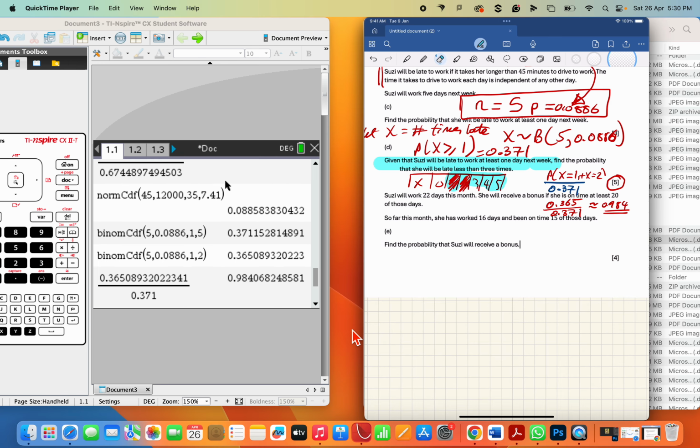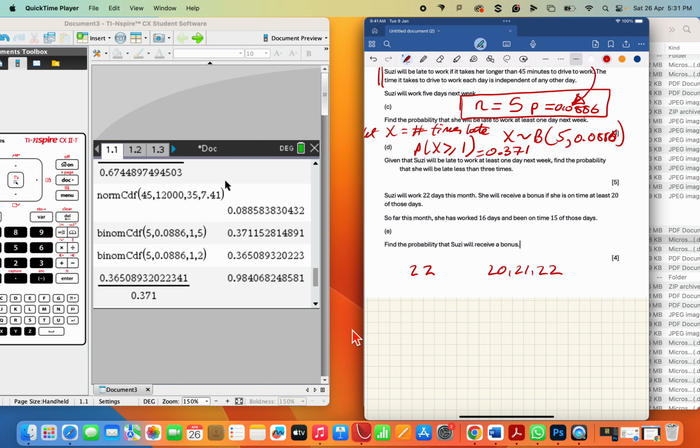Last piece now. Let's have a clean start for the end. Susie will work 22 days this month. She will receive a bonus if she's on time for at least 20, so she needs 20, 21, or 22.